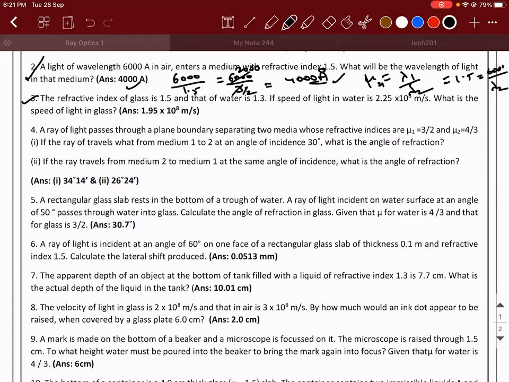So what is the answer for third one? Hemant? Tell me the formula. It's one step problem. Tell me what is the formula.